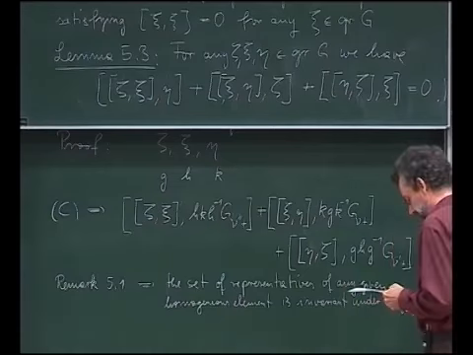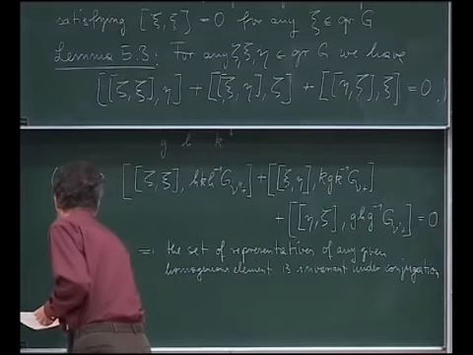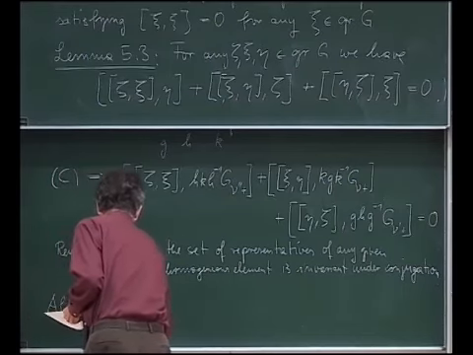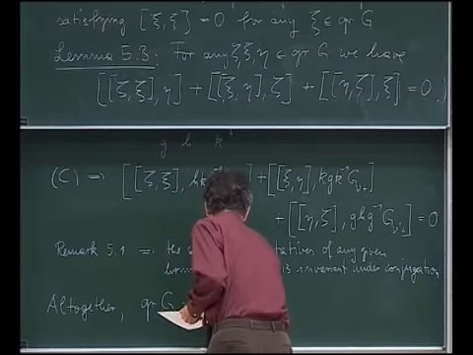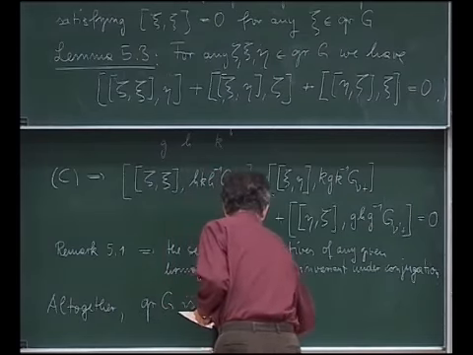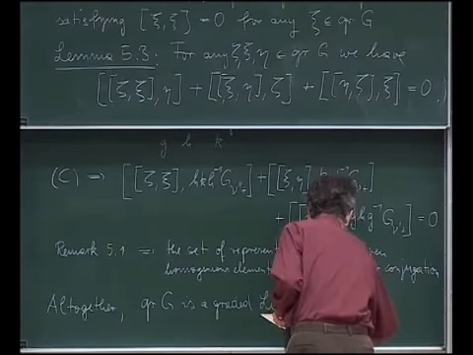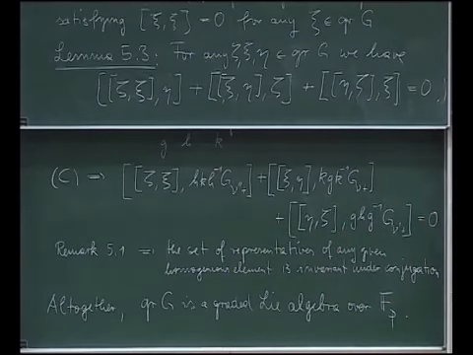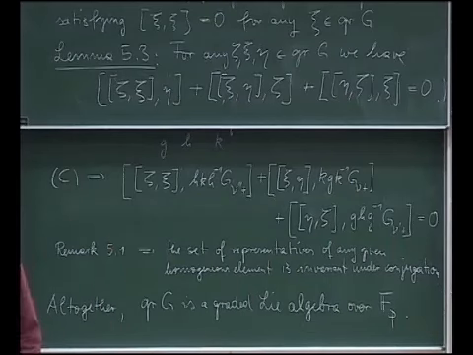And so I can omit the conjugating elements everywhere here, and I get my corresponding homogeneous elements. Okay. So altogether, Gr G is a graded Lie algebra over Fp.